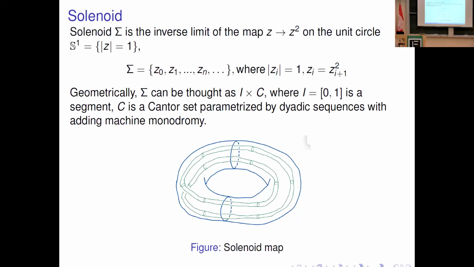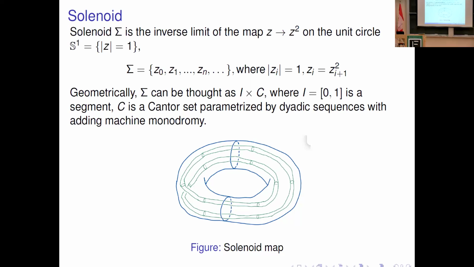Okay. So let me introduce, or remind you about, solenoids. I'm going to need both a geometric description and an algebraic description, so let me start from the algebraic description.